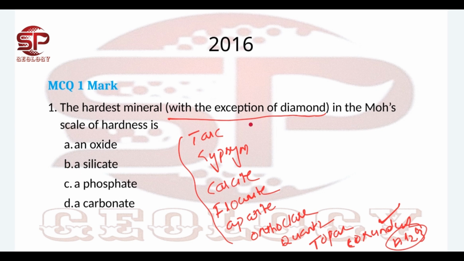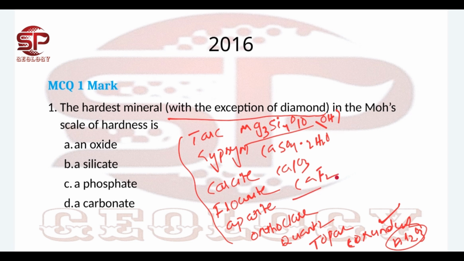Then talc is magnesium bearing, Mg3Si4O10(OH)2. Then gypsum is CaSO4·2H2O, calcite CaCO3, fluorite CaF2, apatite Ca5(PO4)3.